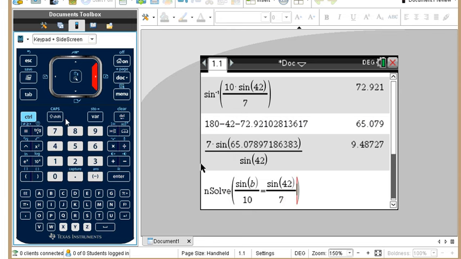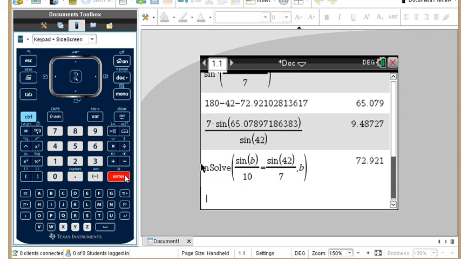Go over here, press our comma, and we're solving for this letter B, and for that we get 72.921 degrees.